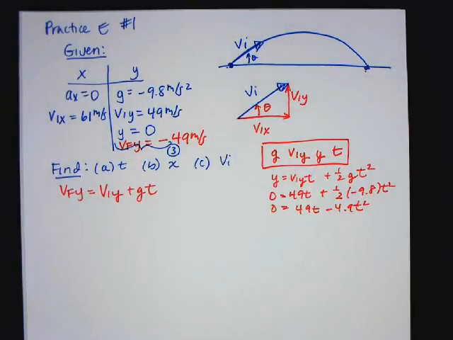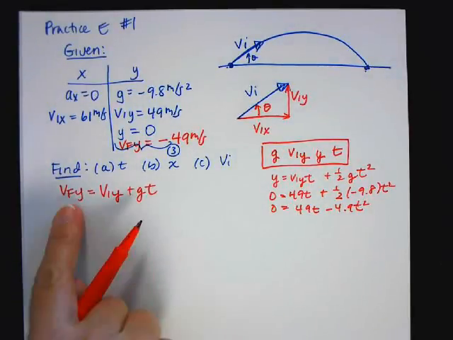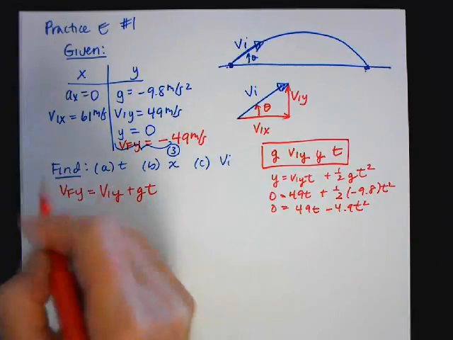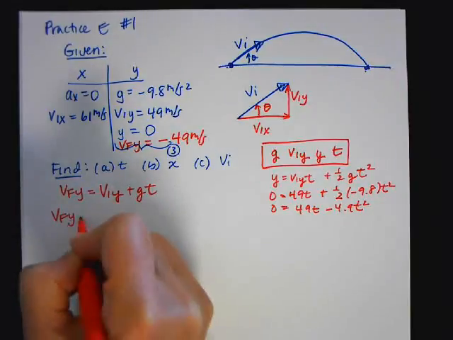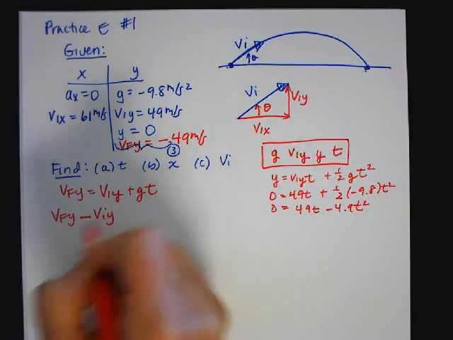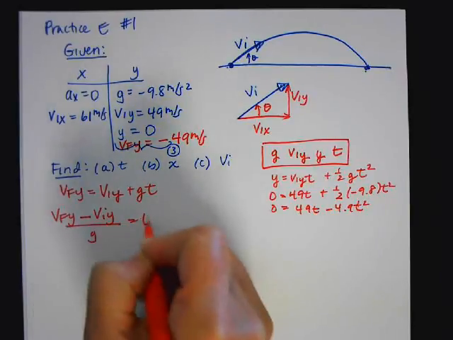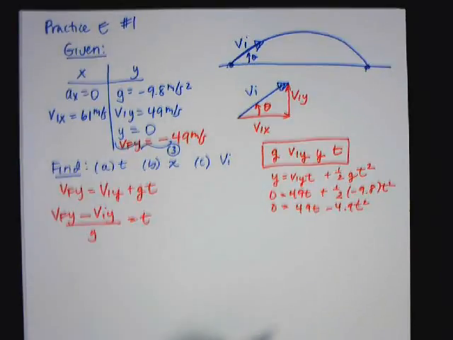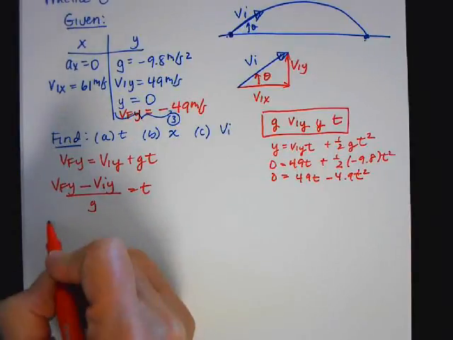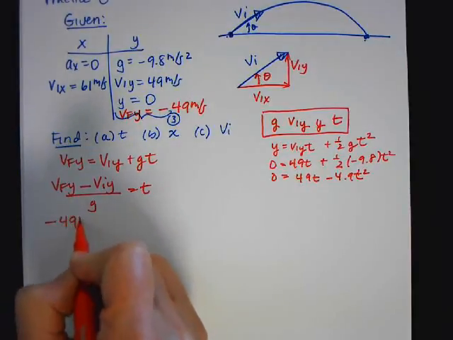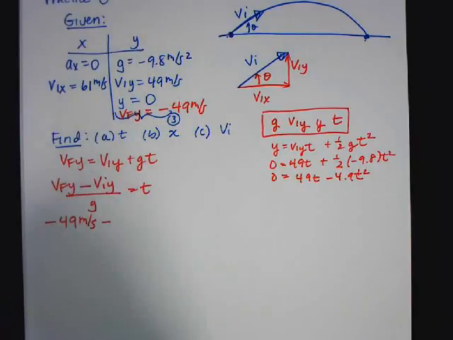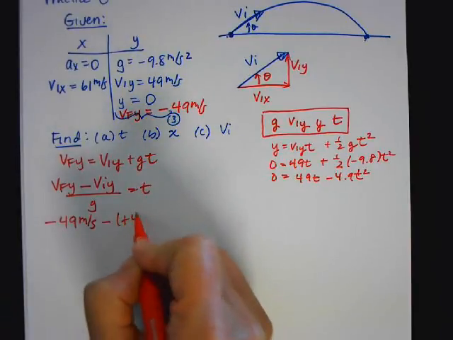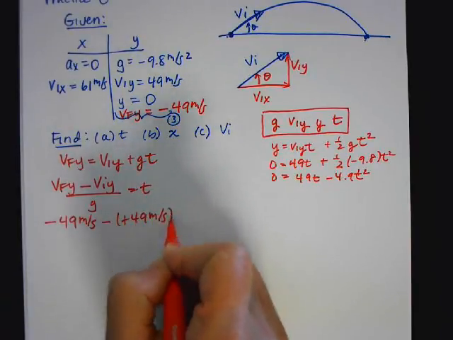So now when I rearrange this equation, I'm going to have VFY minus VIY over g is equal to t. So when I substitute in my values, VFY is negative 49 minus VIY, which is positive 49, over g, which is negative 9.8.